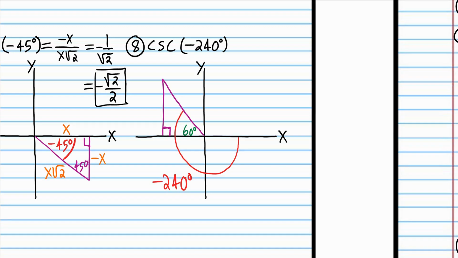So that angle is 60 degrees, which means, of course, that this angle up here is 30. And this side, if it's x, then this side is x root 3. That's the 30-60-90 degree triangle theorem. And this side has to be negative because it's to the left of the y-axis.